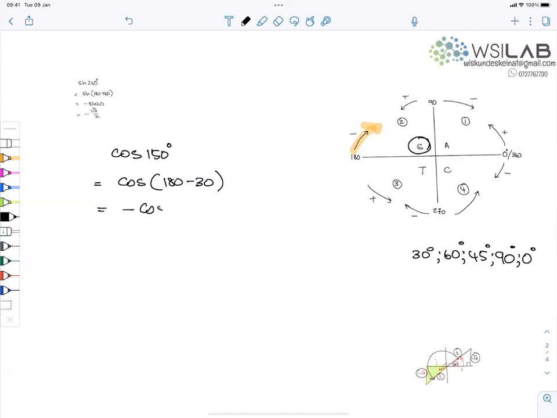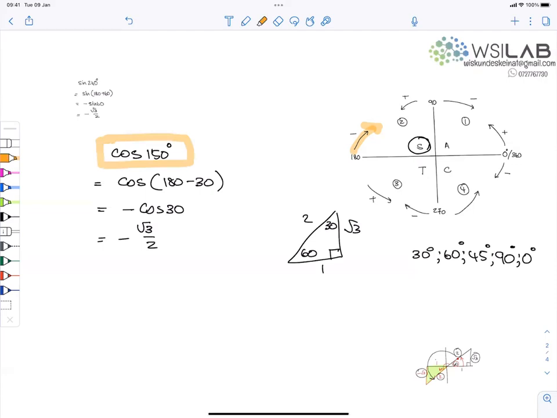And then cos 30. So it's negative, and then I have to draw that special triangle: 60, 30, 1, 2, root 3. Then I do cos of 30, which is adjacent over hypotenuse, root 3 over 2. Now, what you can do to check your answer is just type cos 150 in your calculator and see if you get the same answer.